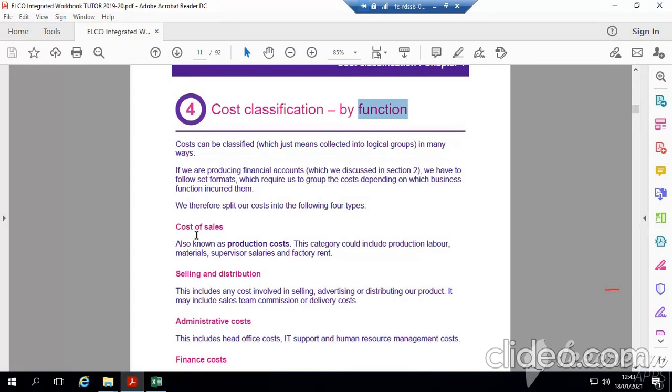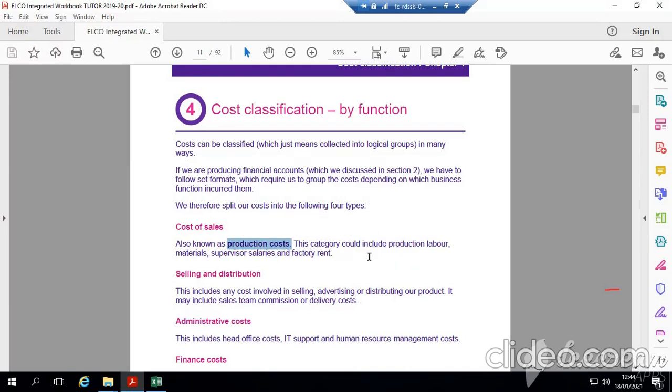The cost of sales, for example, if you're a manufacturing company, you're making a product, and this product is going to be sold by different teams. So usually you have a production cost. Cost of sales is usually known as production cost.